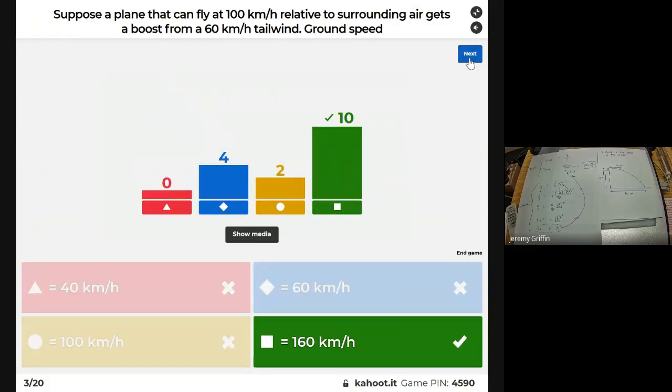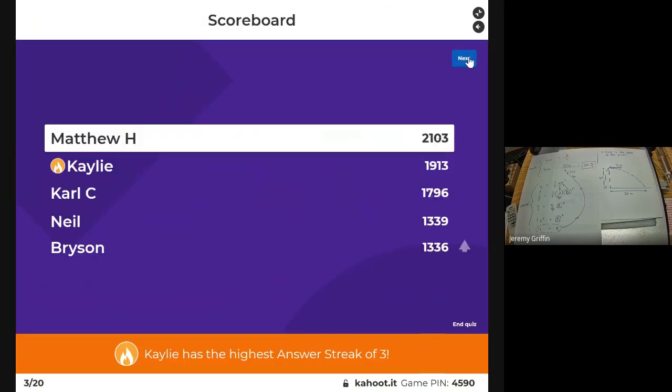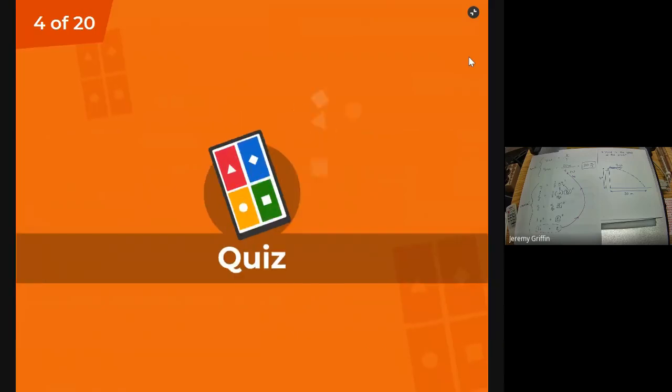Yeah, because for example, if the plane is flying north at 100 kilometers an hour and the wind is also blowing north at 60, couldn't you just add those? 100 plus 60 is 160. After this one, I'll flip the screen and give you guys notes on that one too. Kaylee on fire. Math is still in the lead.